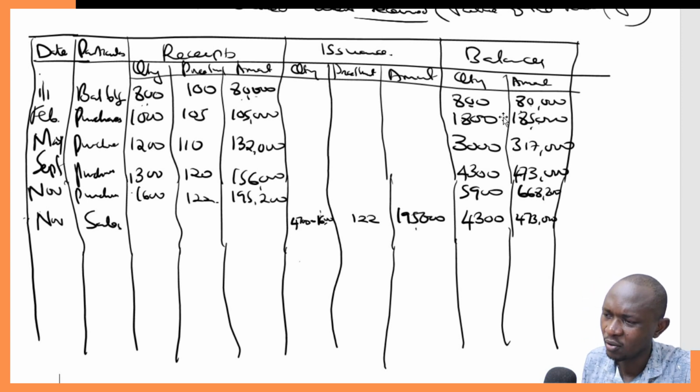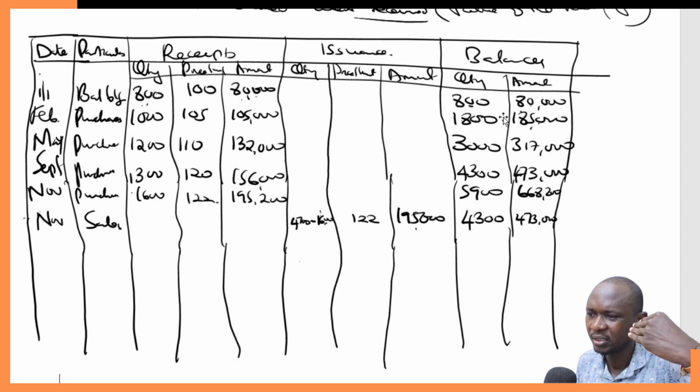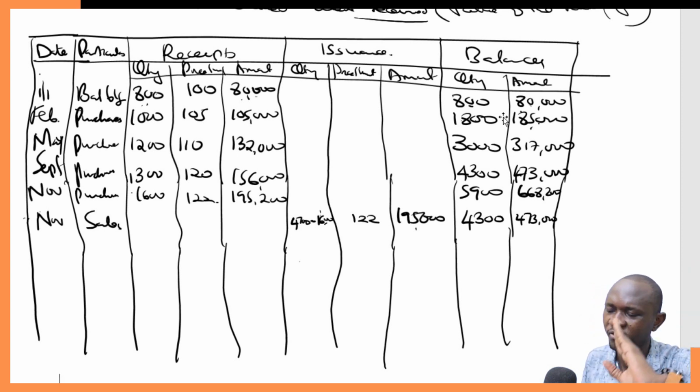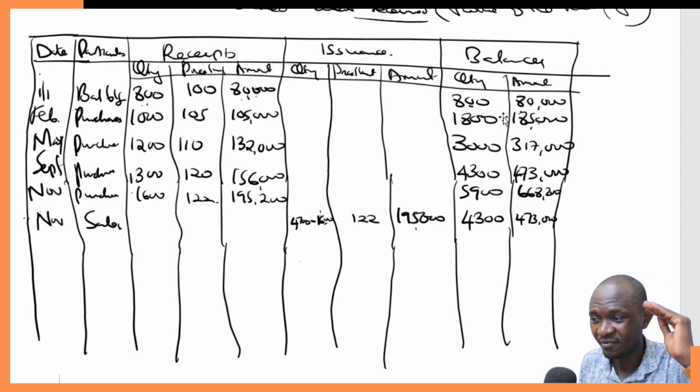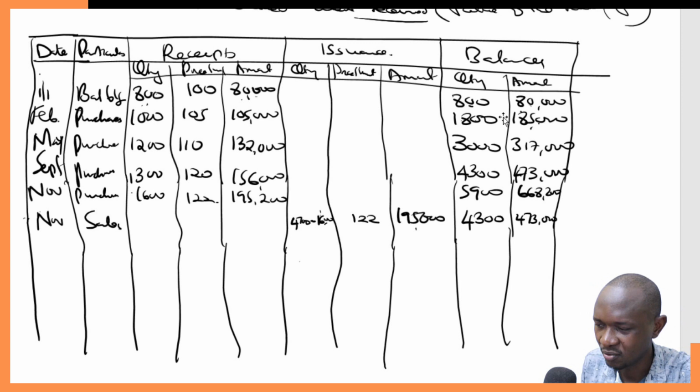So we've released 1,600 units, and we've remained with 4,300 units, and their value has also decreased from 668,200 to 473,000. Now, out of the 4,700 units, we've only managed to release 1,600. We've exhausted this batch.